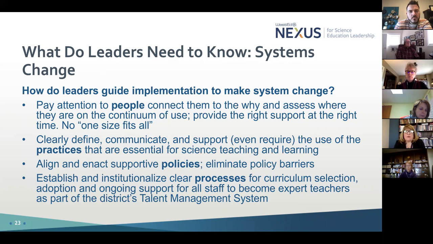And so really stepping back and understanding who we're working with, where they are, what they need at any given point, and how that's helping to keep them moving into a deeper, expert use of new materials and new instructional strategies and new ways of engaging students and promoting agency are all what we need to be paying attention to, and helping.